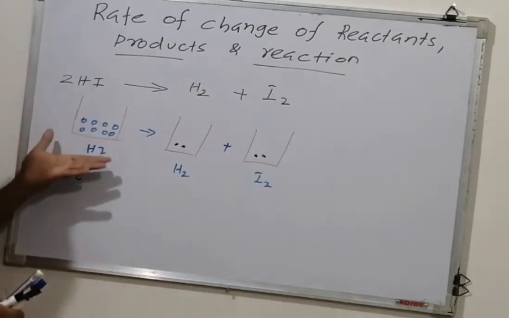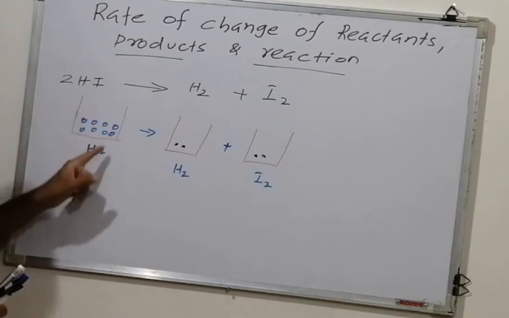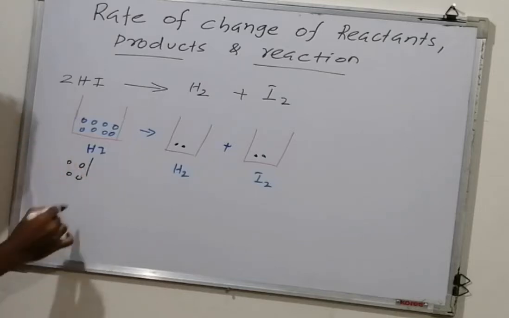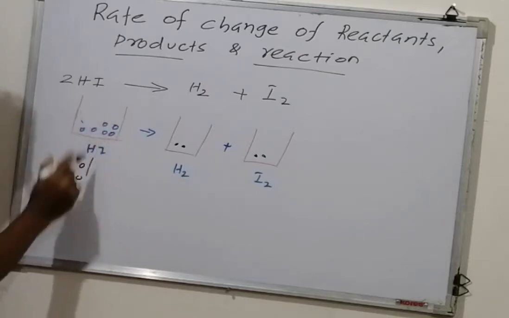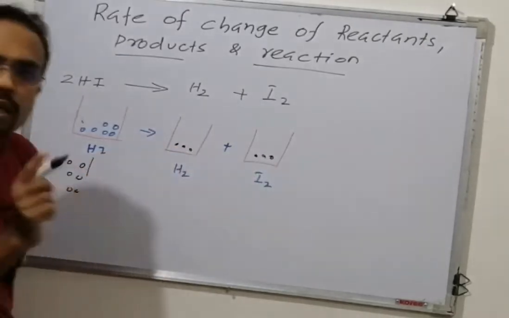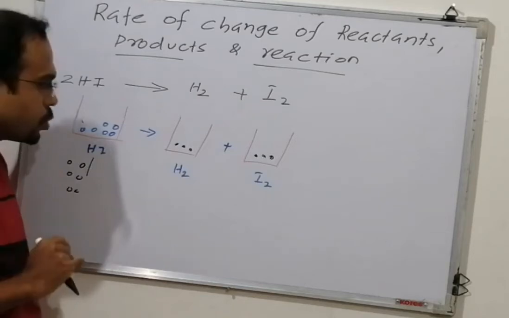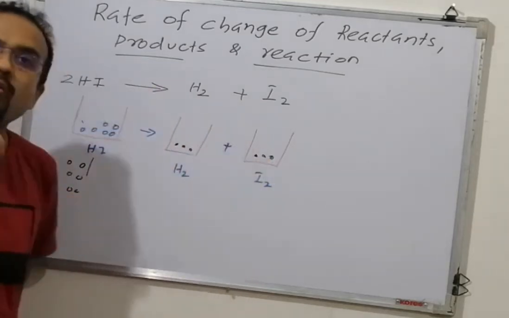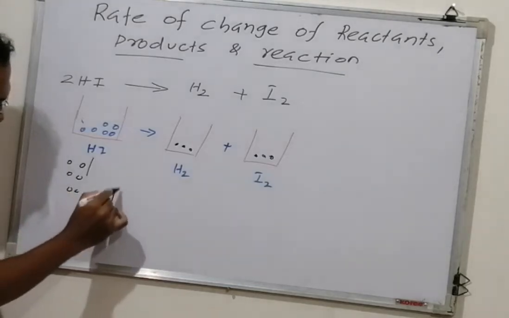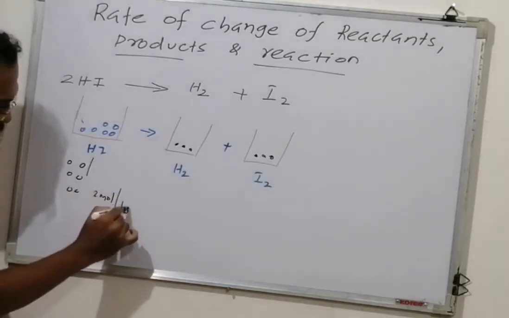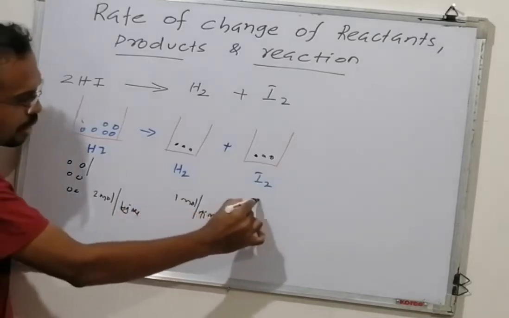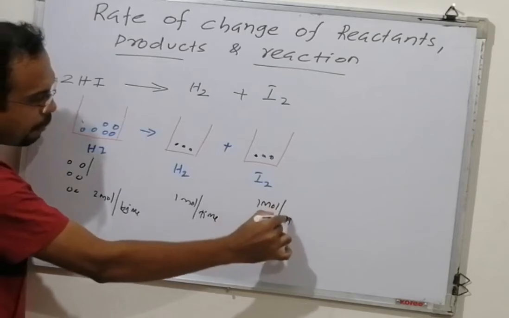The rate of change or rate of disappearance of HI is 2 moles per unit time, but the rate of appearance of hydrogen is 1 mole per unit time. I2 also 1 mole per unit time. But for HI it is 2 moles per unit time.